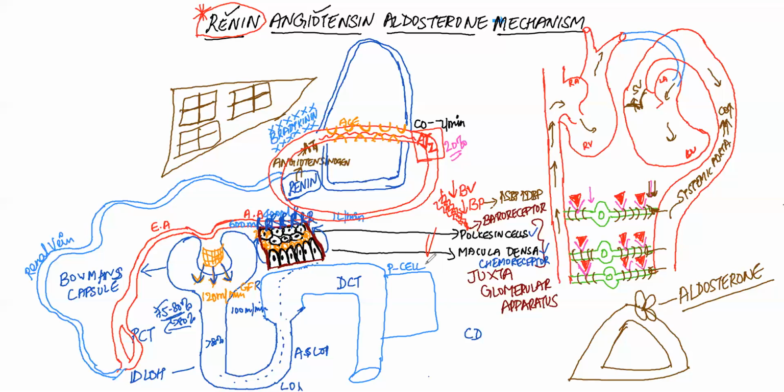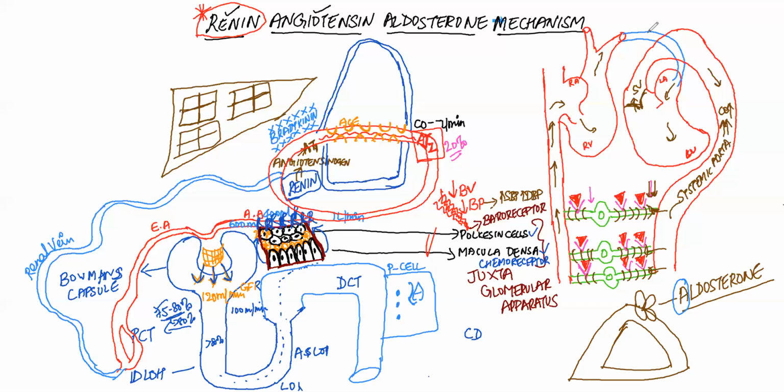Now this P cell contains three sets of genes inside. This is one gene, this is the second gene, and the third gene. Now this P cell also contains an intracellular receptor, and that receptor is for your aldosterone. So you have got a receptor, right? And this is the receptor on which your aldosterone will come and bind.